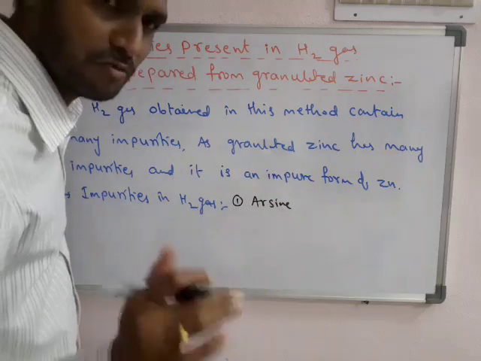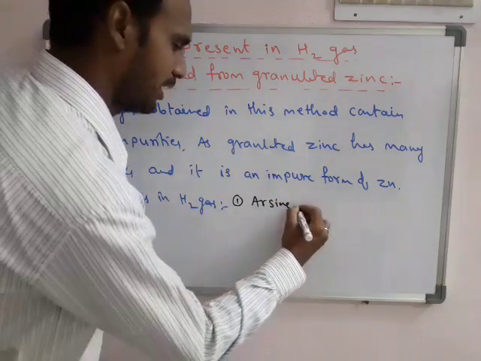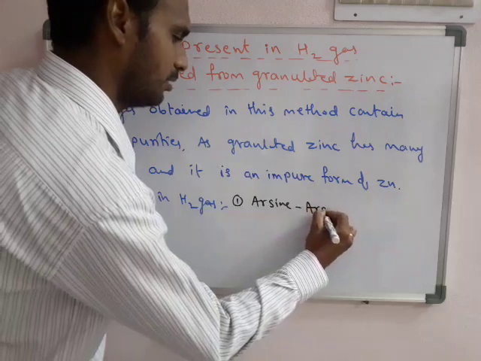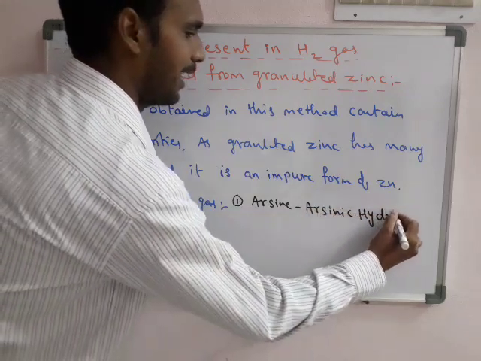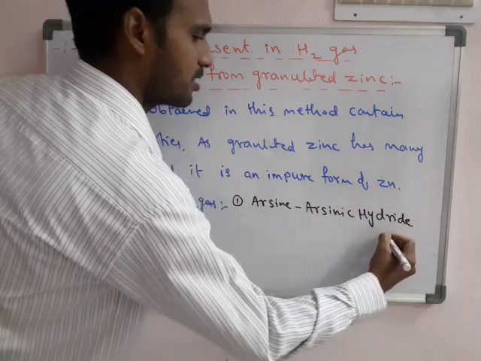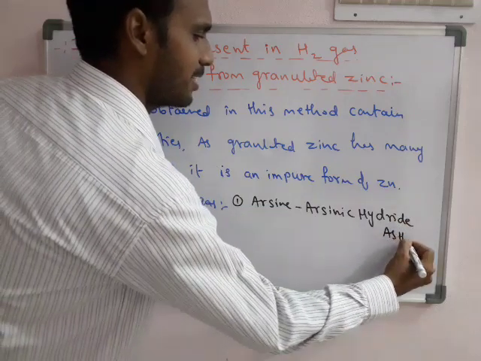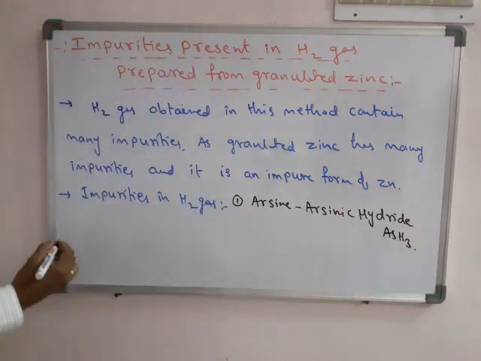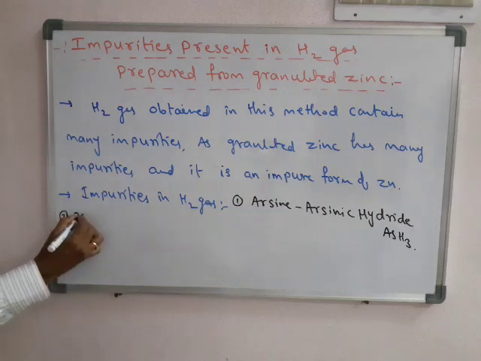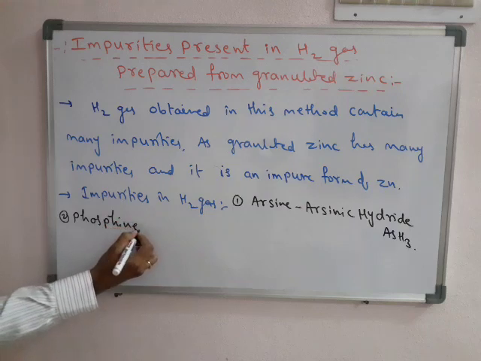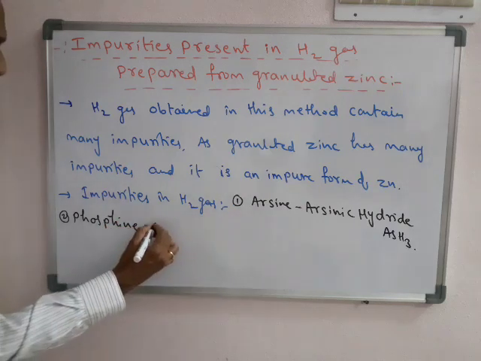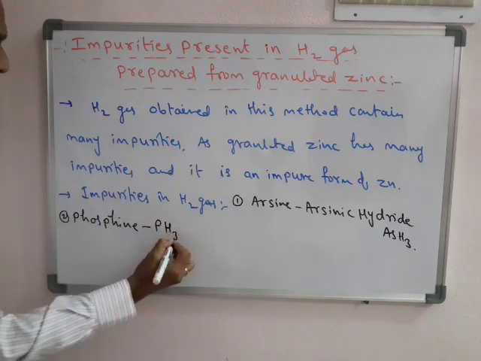We have to remember these formulas also, they are useful. Arsine means arsenic hydride, AsH3. Next, phosphine, that is PH3.